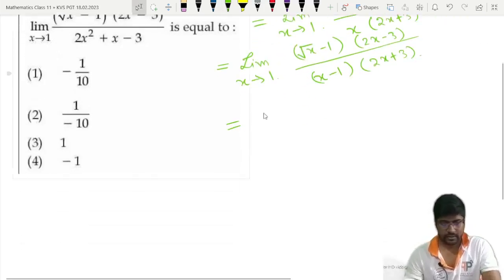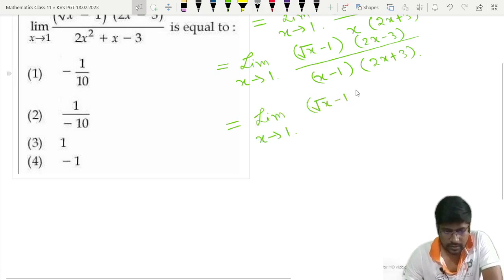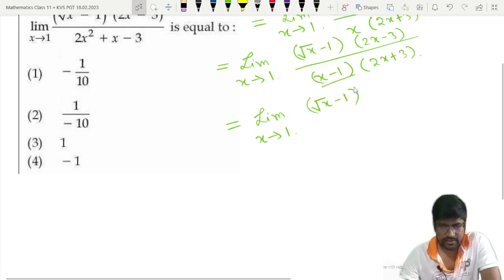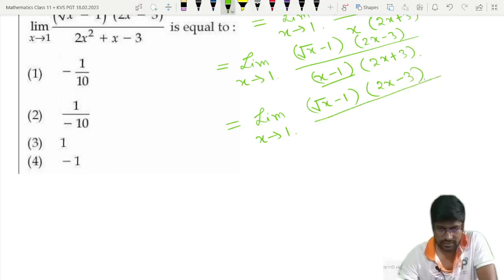Now come here, limit x tends to 1, root x. Now can you guess what I am going to do? This x minus 1 is creating a problem here, so I have to do something for it.